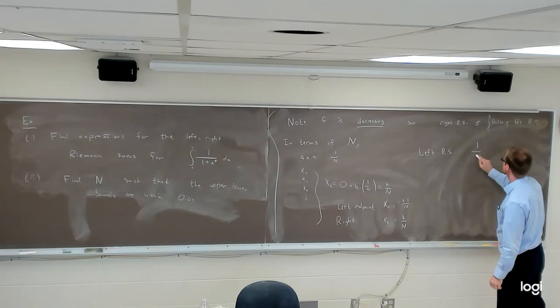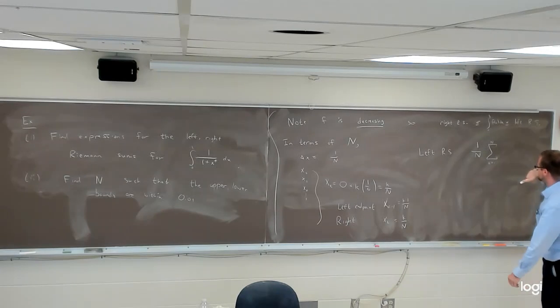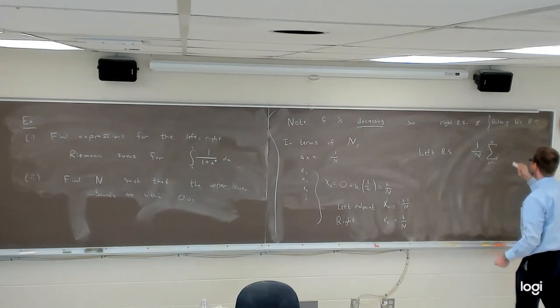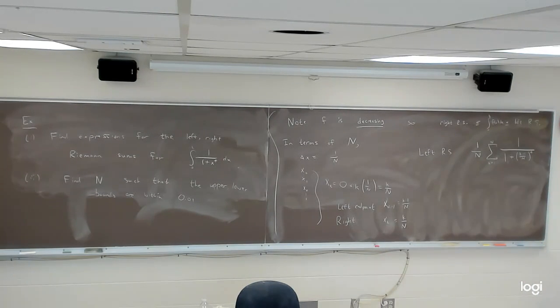So let's pull the delta x out of the sum, as we often do. I have my sum here, and then I'm going to evaluate my function at the left endpoints: 1 over 1 plus ((k minus 1) over n) to the 4th power. That's what a left Riemann sum is going to look like for this function.